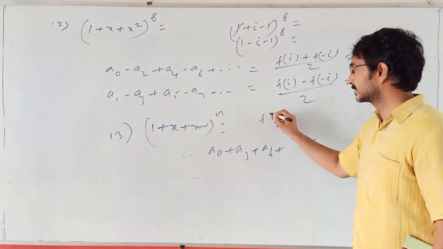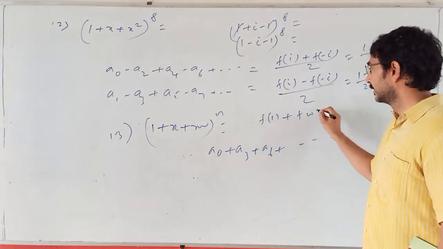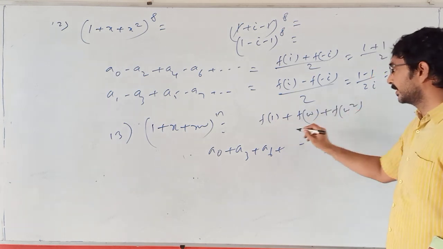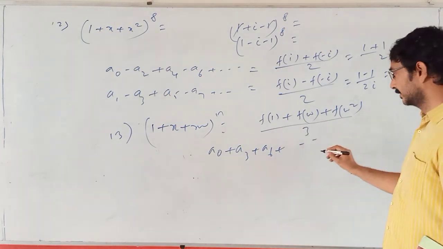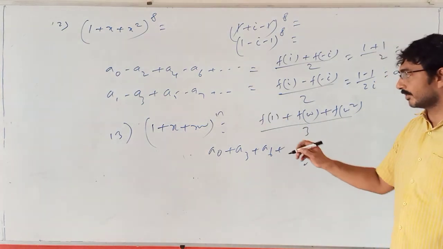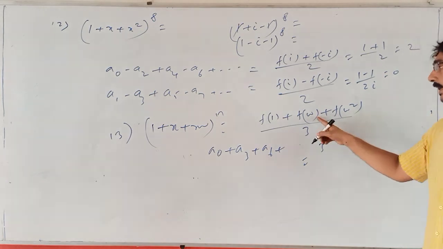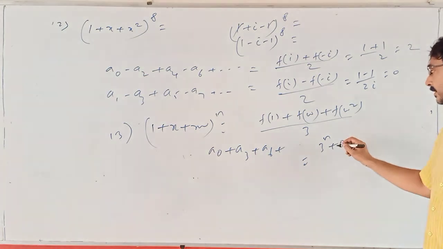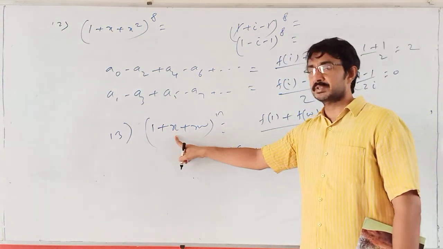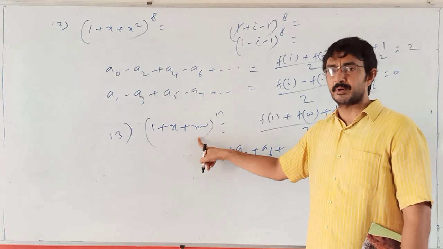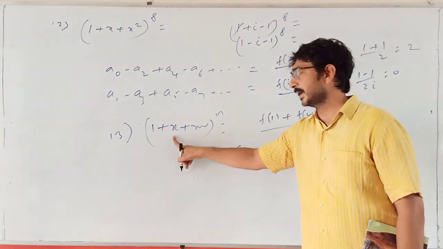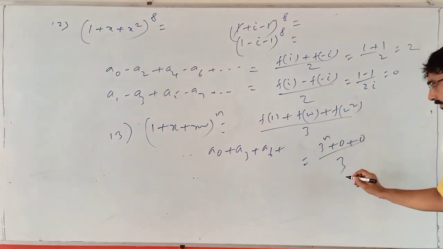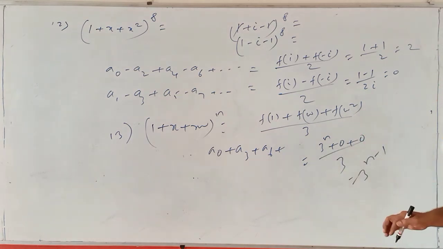So formula for this from the above table, (f of 1 plus f of omega plus f of omega square) by 3. Okay, clearly f of 1 is 3 power n, f of omega, 1 plus omega square value 0, omega square, 1 plus omega square whole square, omega power 4, omega is again 1 plus omega square plus omega, 0 power n is also 0, by 3. So answer 3 power n minus 1.